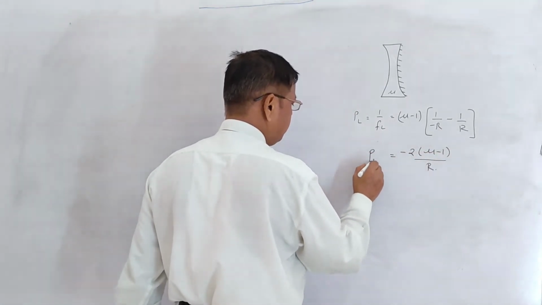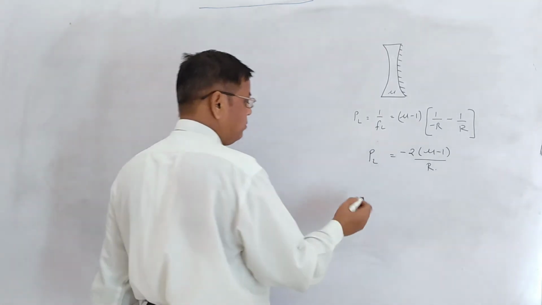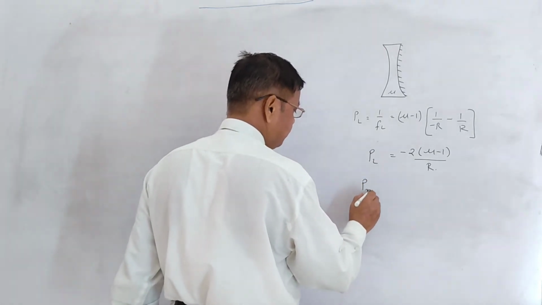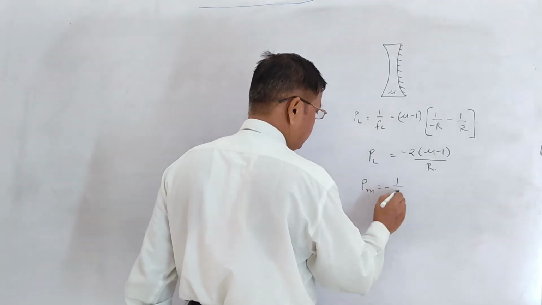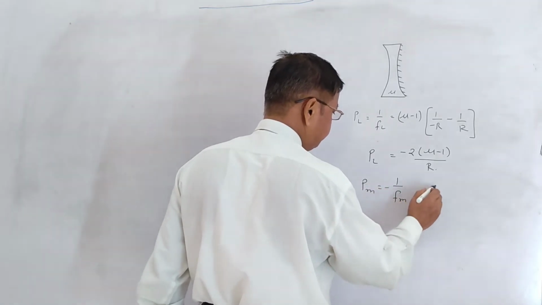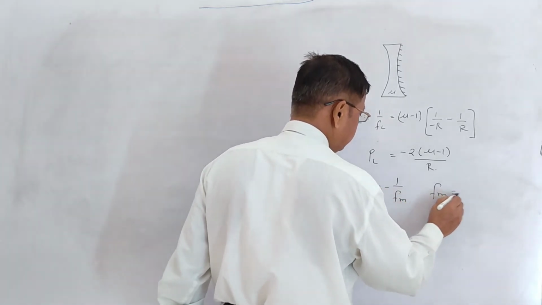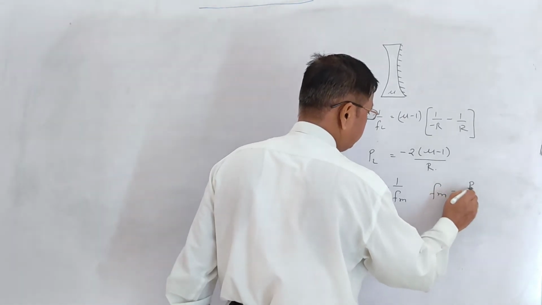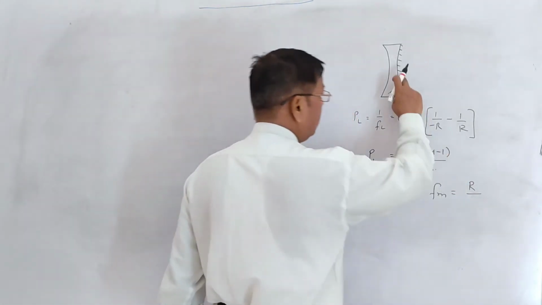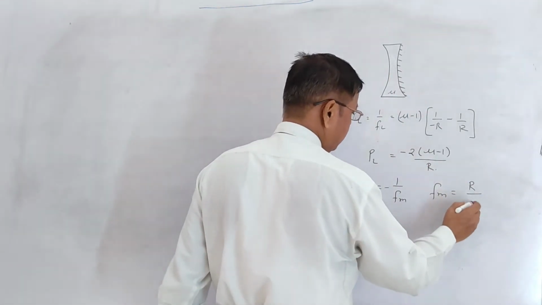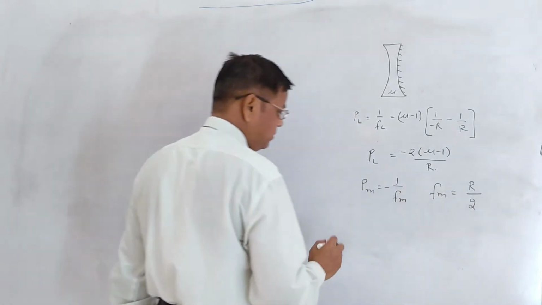This is the power of the lens. Now the power of the mirror is minus 1 upon Fm, and Fm is R by 2, but R is positive, so it is this.